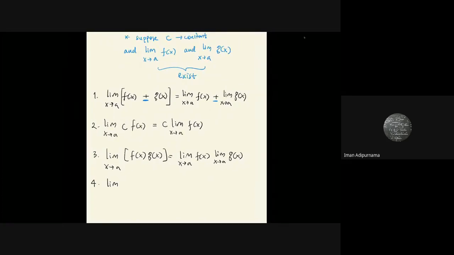And also you have the limit as x approaches a of f(x) over g(x). This works if the limit of g(x) is not equal to 0. If it is not equal to 0, then you can use this limit.